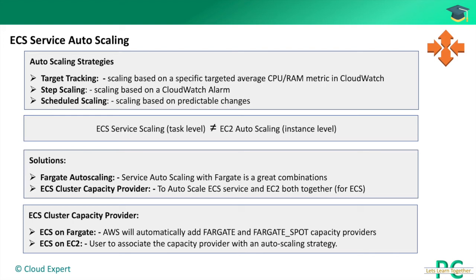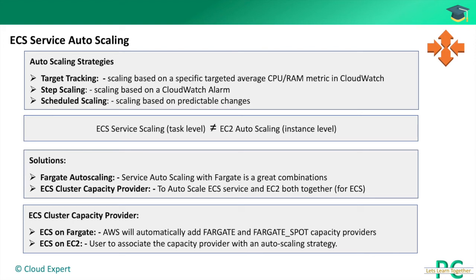When you run a standalone task or create a service, you may either use the cluster default capacity provider strategy or specify a capacity provider strategy that overrides the cluster default strategy. This allows your capacity provider to automatically provision infrastructure for you.